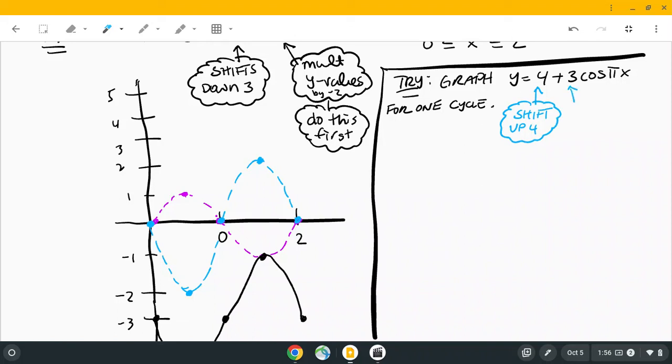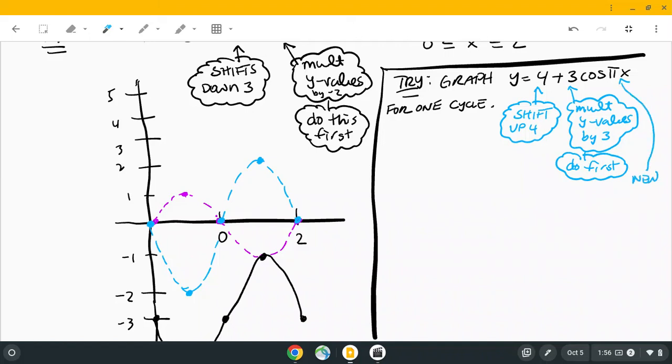The 3 is going to multiply my y values, and whenever we have to multiply y values, we do that first. And since we're messing with the angle, we're going to get new endpoints.